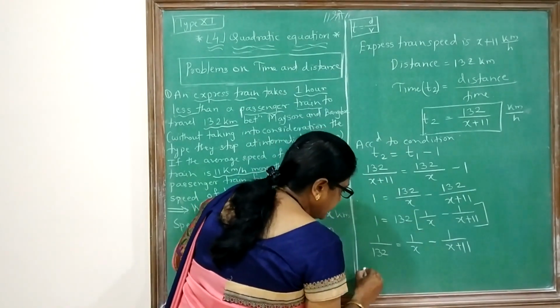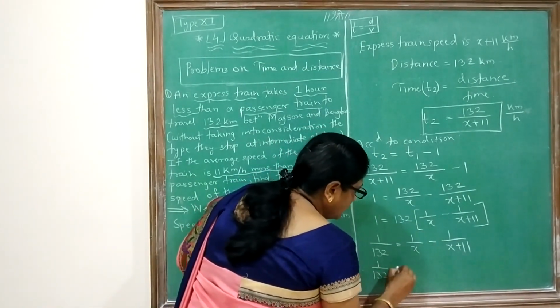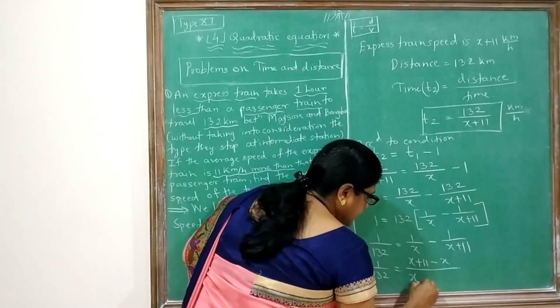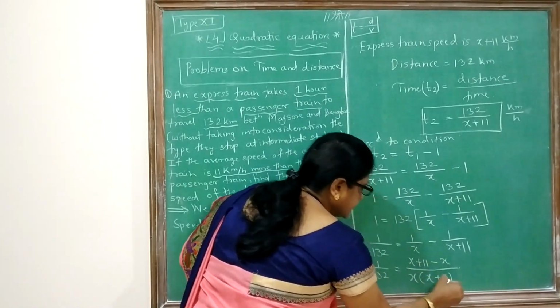Here cross multiplication: 1 upon 132 equals x plus 11 minus x divided by x into x plus 11.